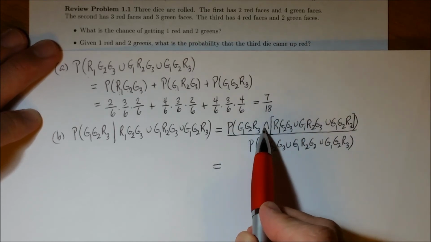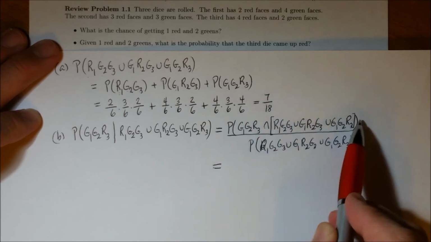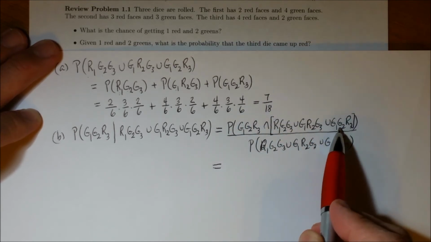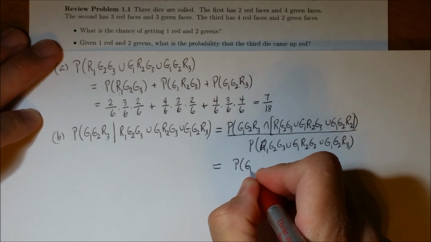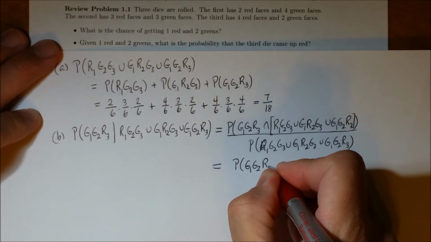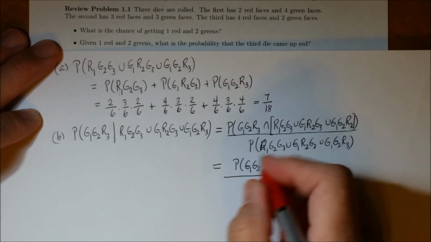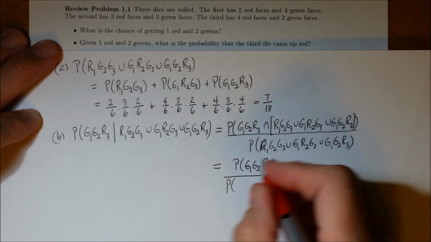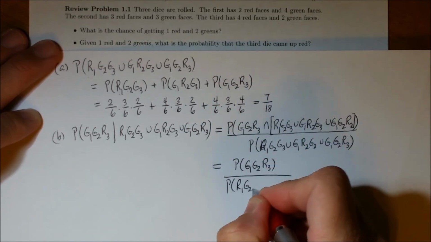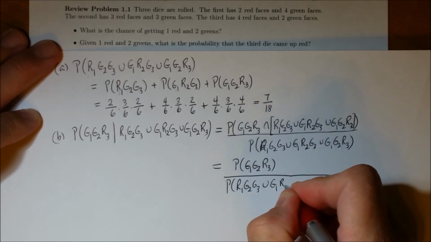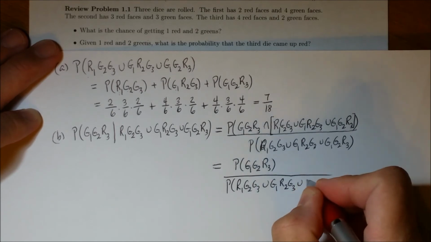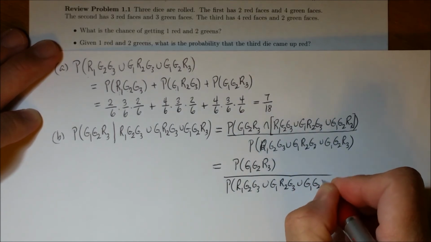So if I take the intersection of this smaller set and this bigger set, which includes the subset, the intersection will simply be the first smaller set, divided by the probability of the bottom: G1, R2, G3, union G1, G2, R3.